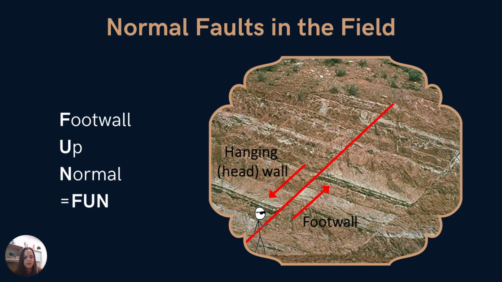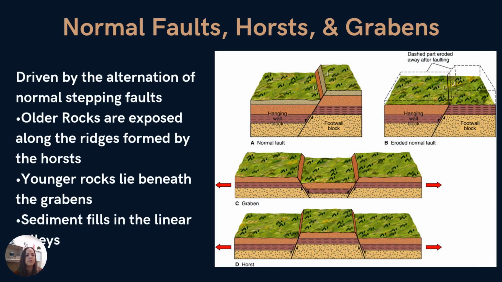Okay. Normal faults are really important because they create something called horsts and grabens. Horsts and grabens are a series of normal faults that dip toward and away from each other, and they alternate as you move through the landscape, creating horsts, which are upward blocks, so they're footwall blocks being pushed up, and grabens that are dropping down, which are our hanging wall blocks that create basins.